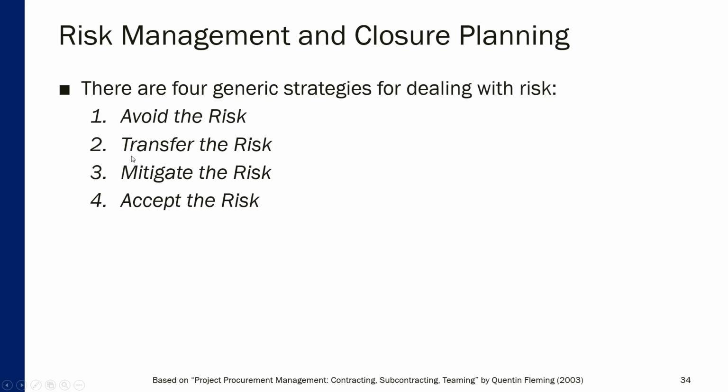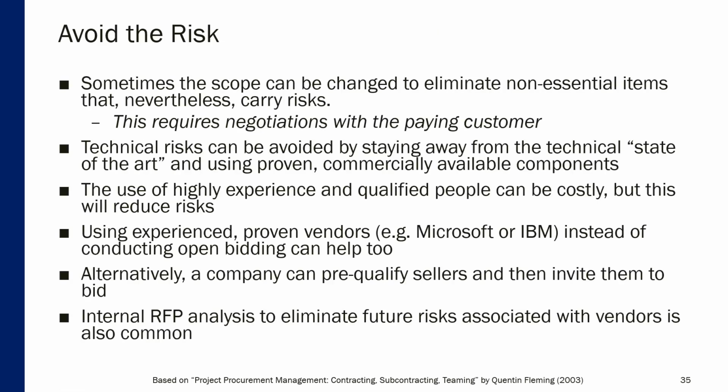Mitigating the risk, in other words, doing something that will decrease the chances of the risk happening. And accepting the risk. In other words, having a plan where if nothing works out and the negative event happens, what will be the plan B? What will be the workaround? What will be your plan if none of your strategies for mitigating or avoiding or transferring the risk work and you have no choice but to accept it? We'll discuss each of those 4 strategies for dealing with risk in more detail.